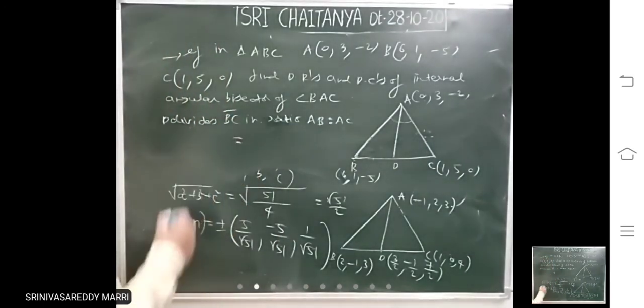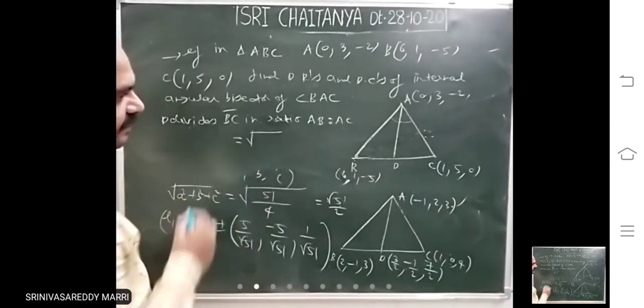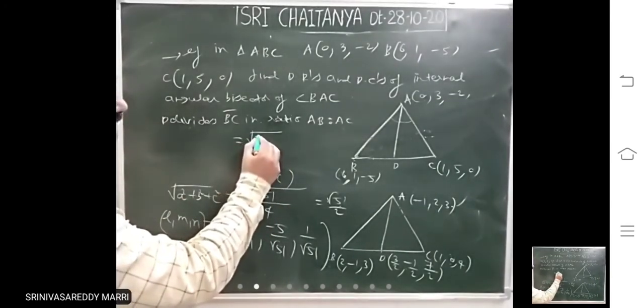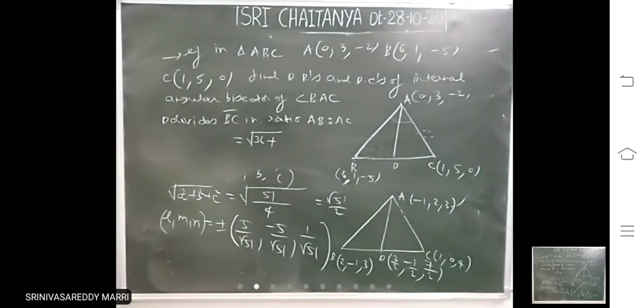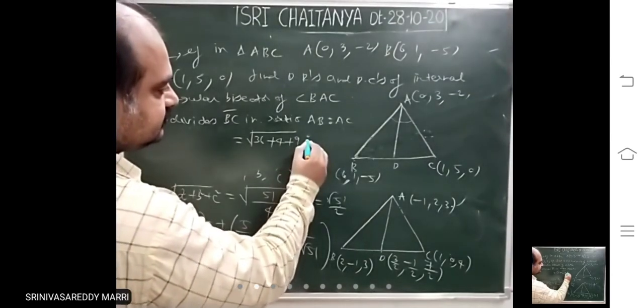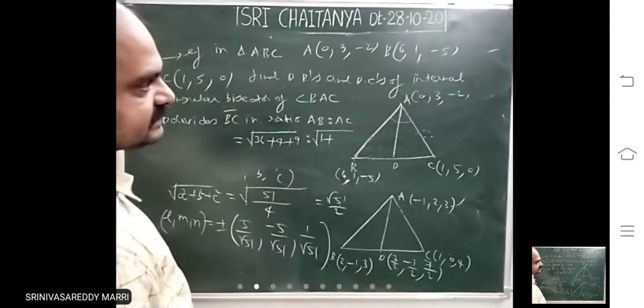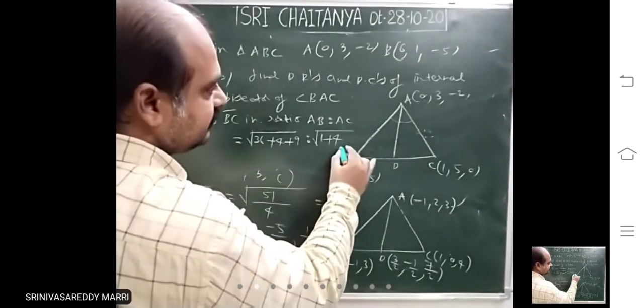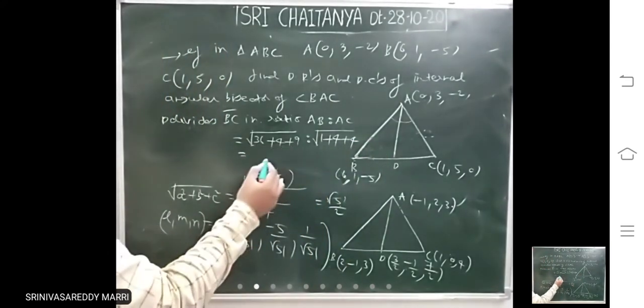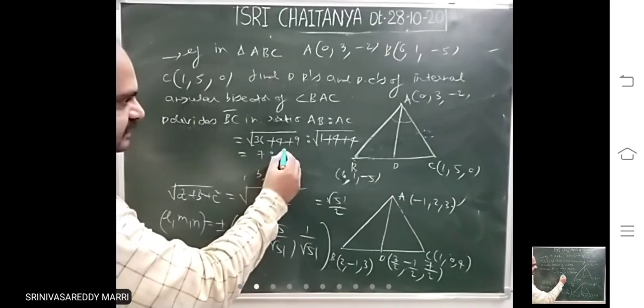Calculate that ratio. What is AB distance? Root of 36 plus 4 plus 9, that is 7, is to AC distance, root of 1 plus 1 plus 4 plus 4, that means 9, that is 3. So 7 is to 3.